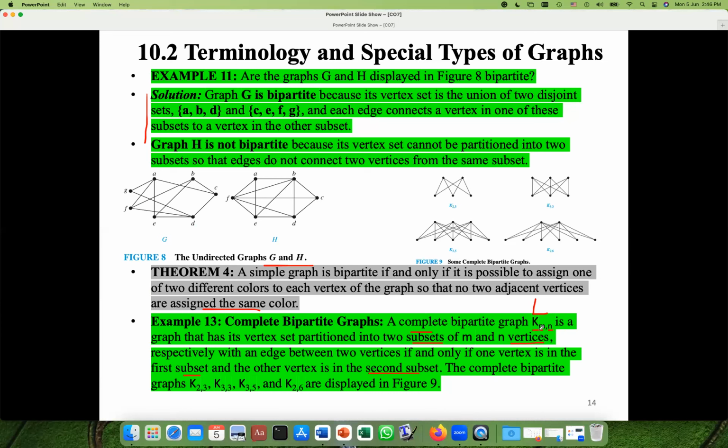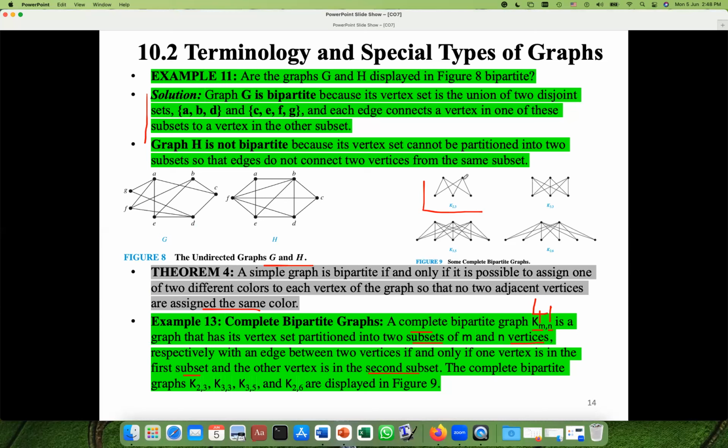And if you have vertices in M, then you will have an edge from one vertex from this M to another vertex in the other subset. Look at this example and then you will understand.